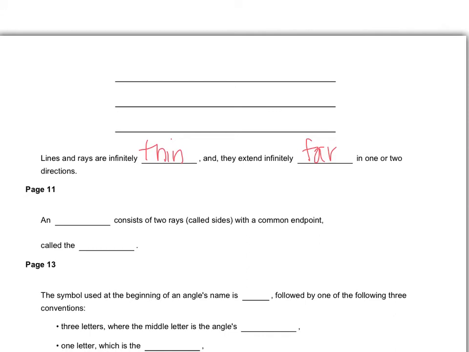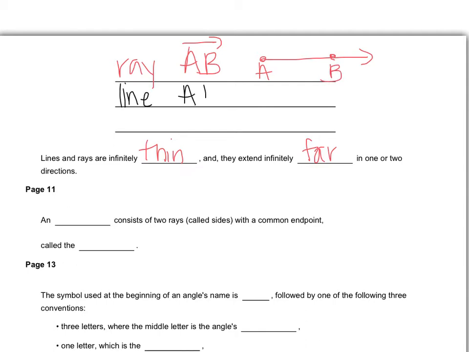So we've learned 3 things so far. Not necessarily in this lesson, but in total. We've learned what a ray is. I'm going to write on this line up here. So a ray, we write it like this, AB, with one arrow, and it would look like this. A, B. We've learned about lines. Lines we would label like this with 2 arrows, and it would go on forever in both directions.